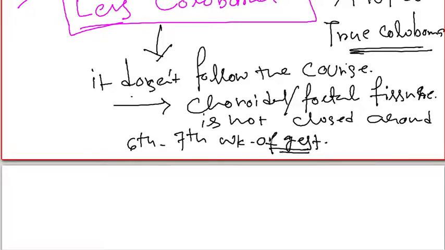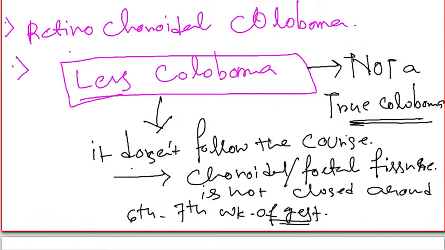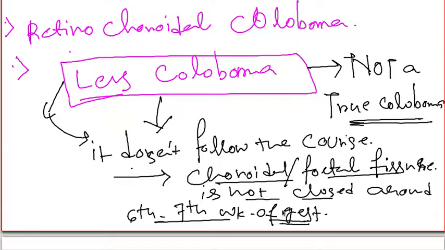So this lens coloboma occurs but not due to the choroidal or fetal fissure failing to close in the 6th to 7th week of gestation.